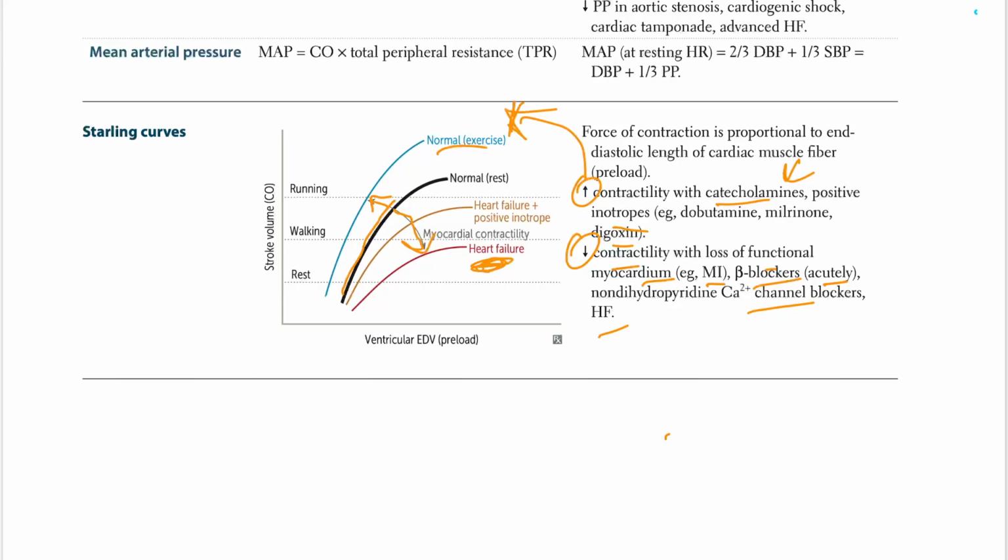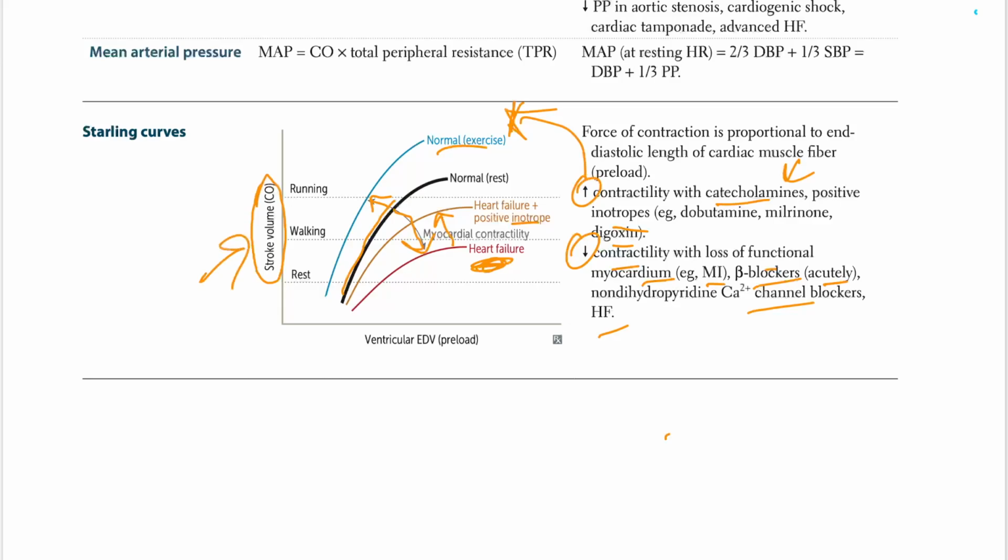Everything is going to go down. But with heart failure, if you give positive inotropes like digoxin, you can pretty much save your stroke volume or cardiac output. We'll see how digoxin increases the cardiac output without increasing heart rate or anything else, just because it keeps the calcium within the cell, increasing contractility, stroke volume, and cardiac output.